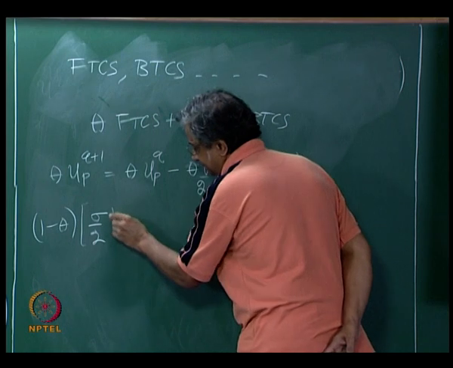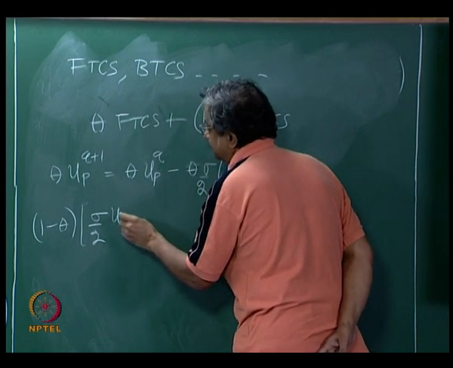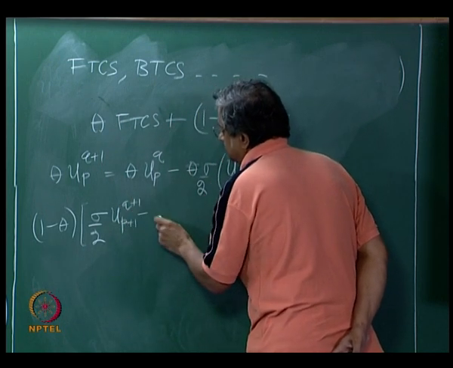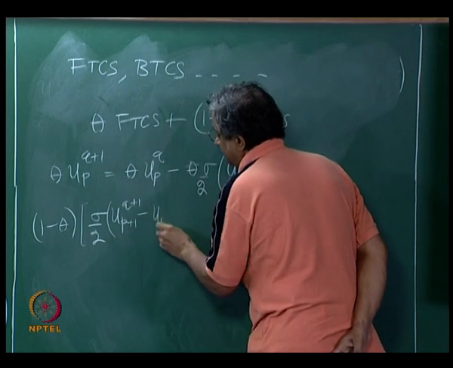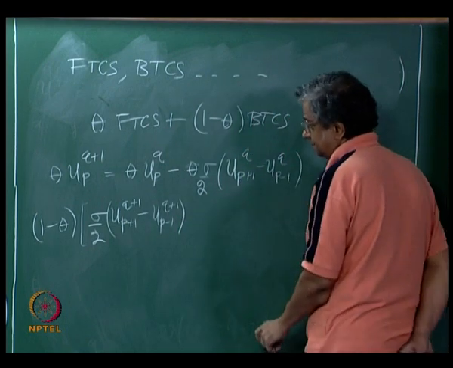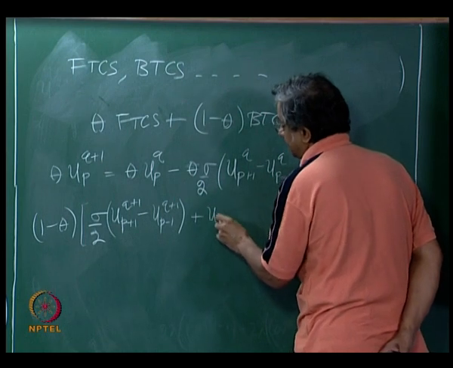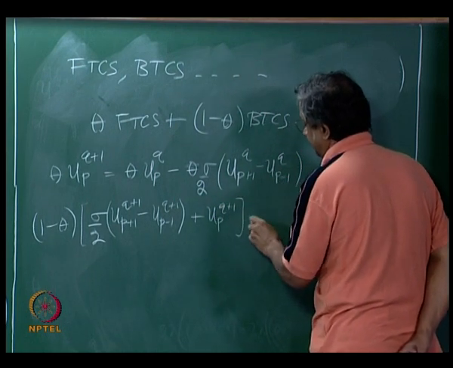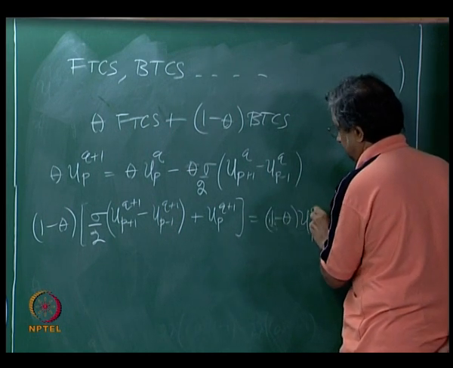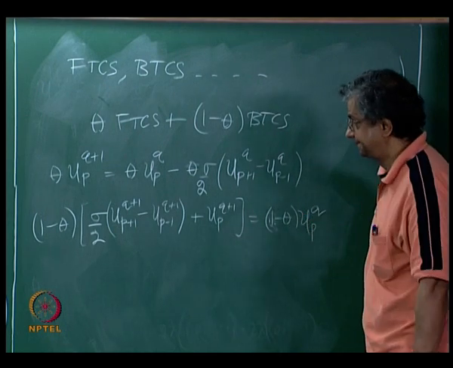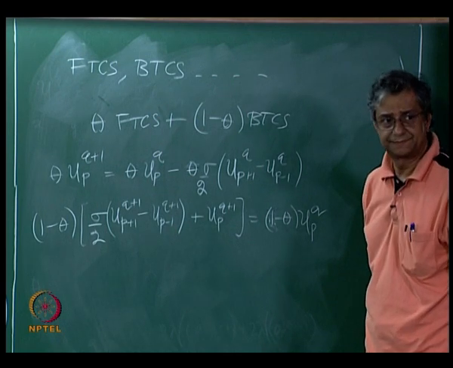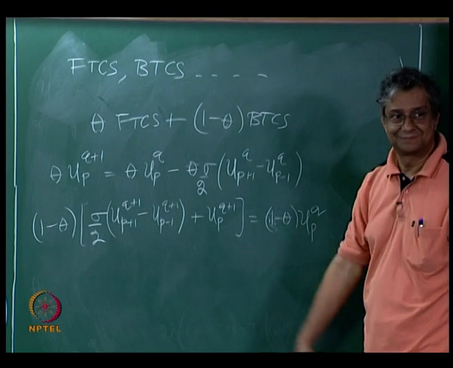Sigma by 2 times U_(p+1)^(q+1) minus U_(p-1)^(q+1), plus U_p^(q+1) equals U_p^q. Is everybody with me? Is that fine? Okay, so add them up, we will see what we get.